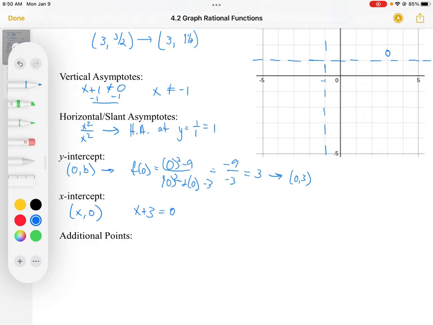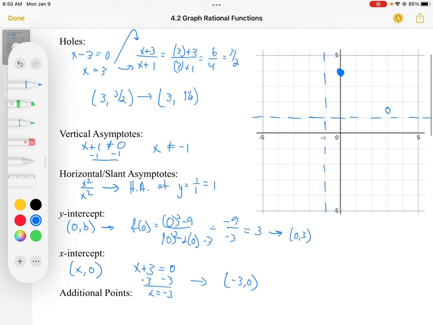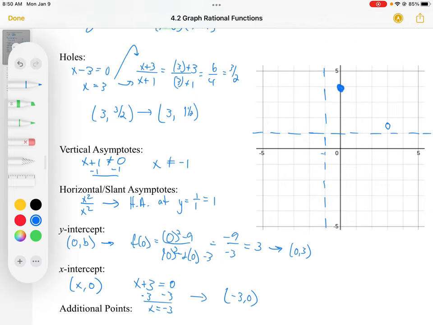When x plus 3 is equal to 0, I will get my x-intercept, so I'm just going to solve that. When x is -3, my numerator will be equal to 0, so the value of the entire function will equal 0. So I have an x-intercept at (-3, 0). That's going to be right here.